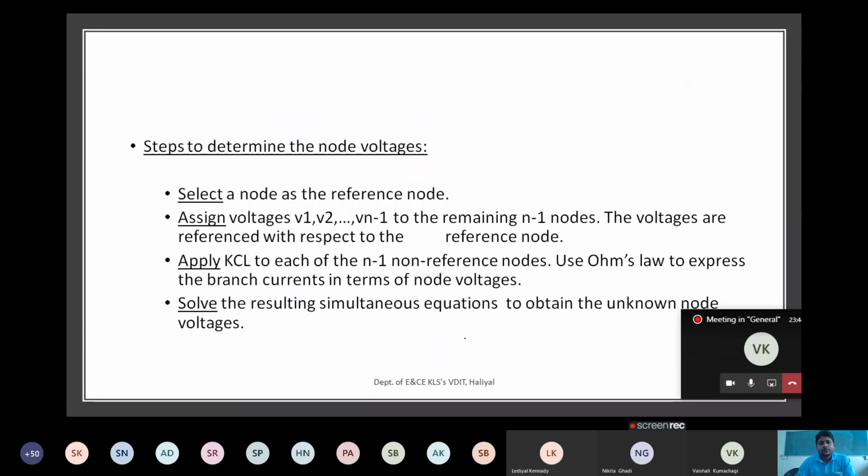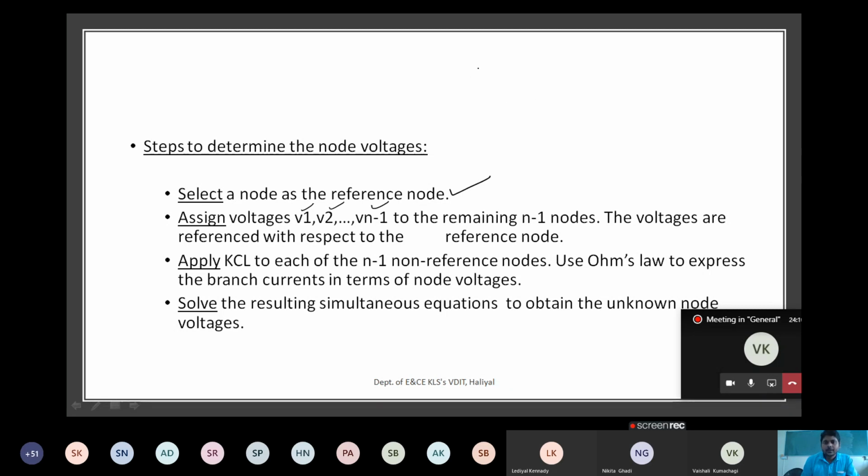You need to follow a few steps. Step number one is you should select a node as the reference node, which I have shown you in the previous slide. Other than the reference node, for the remaining nodes you can assign the voltages V1, V2 till Vn minus 1.